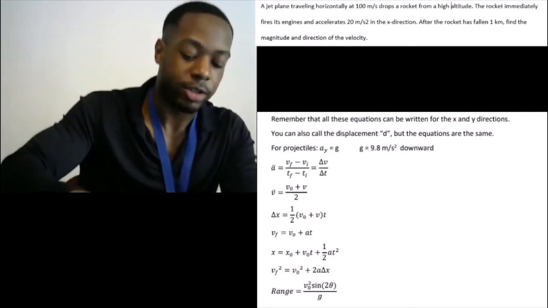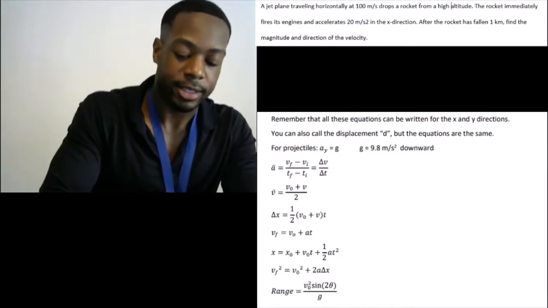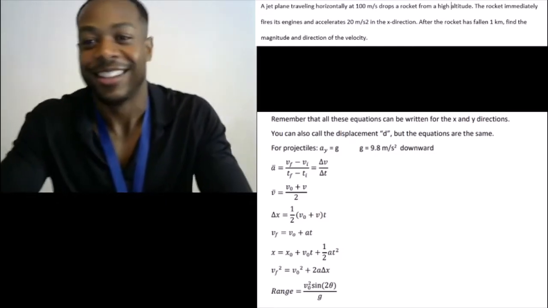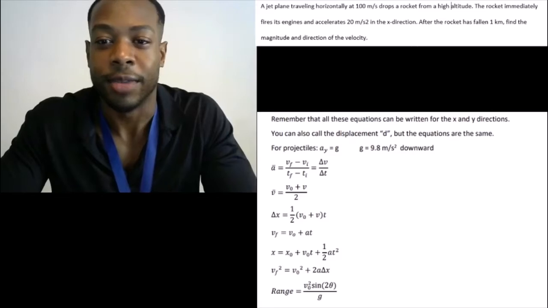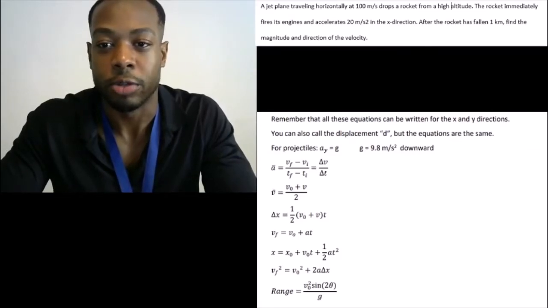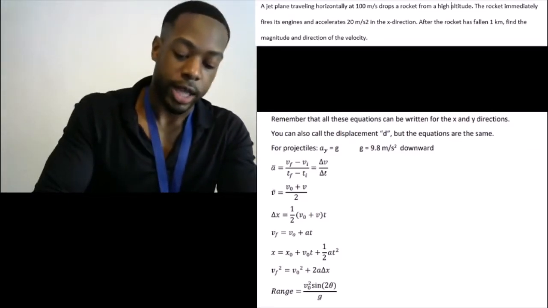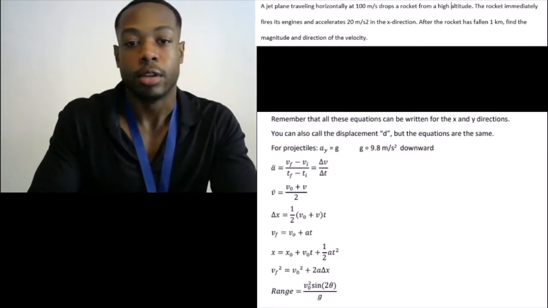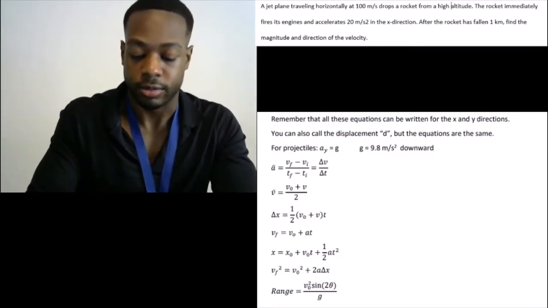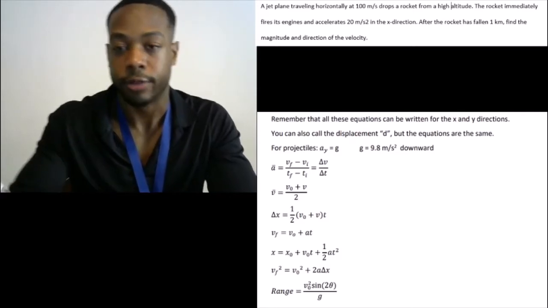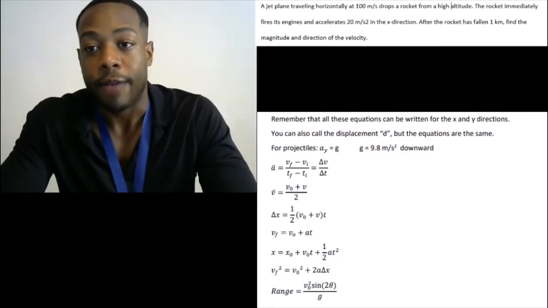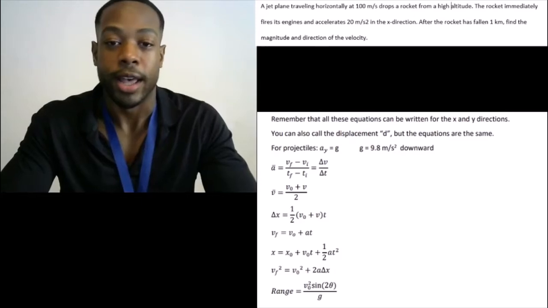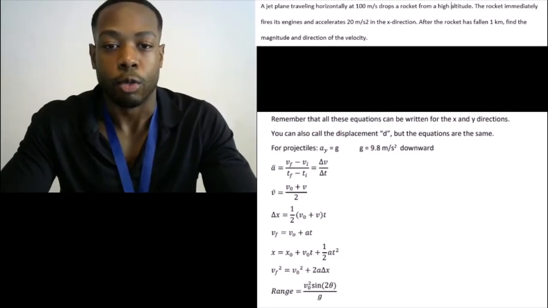Velocity initially in the X direction is 100 meters per second, and then the rocket immediately fires its engines and accelerates 20 meters per second squared in the X direction. So its X acceleration is going to be 20 meters per second squared. So we've got that as well. After the rocket has fallen 1 kilometer, so we've got a vertical or Y displacement, right?